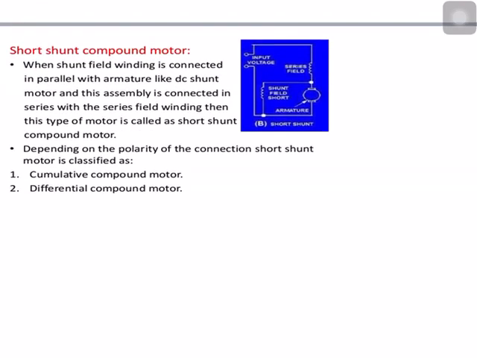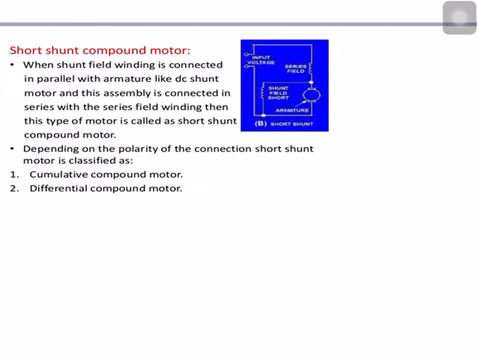If we see the short shunt compound motor, when the shunt field winding is connected in parallel with the armature, like a DC shunt motor, and this assembly is connected in series with the series field winding, then this type of motor is called a short shunt compound motor.